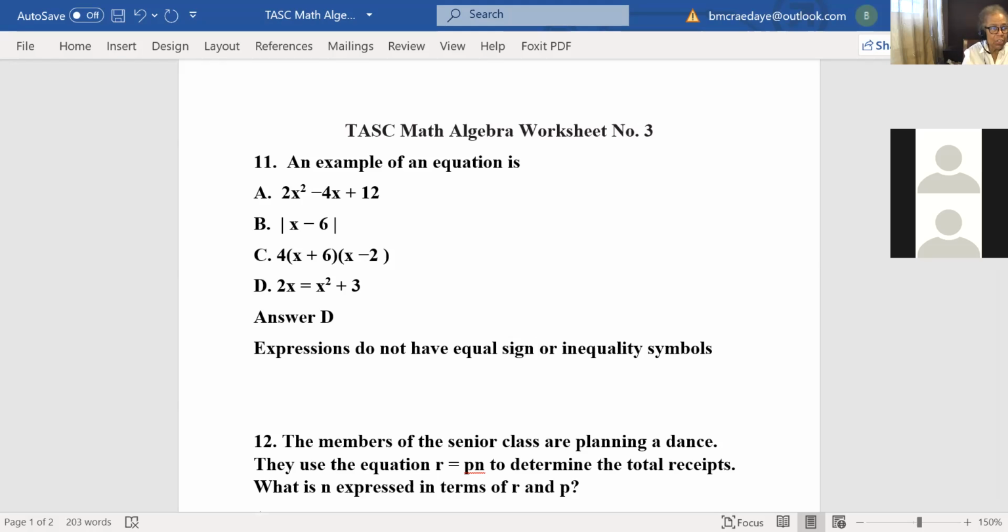So if I gave you a series of entities, and if they don't have an equal or inequality, they are expressions.